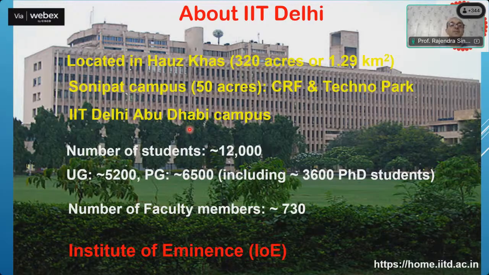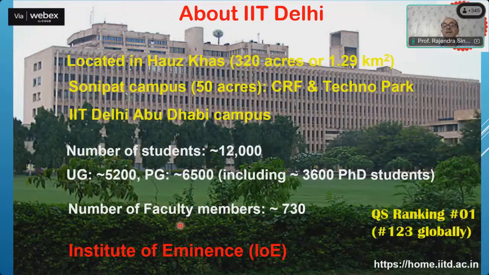It's not a full-fledged campus right now. We have about 12,000 students here on the campus, and about 3,600 are PhD students. So you can see that we are no longer only undergrad, but the PG students are the majority, and about 730 faculty. In the last years, 2025 and 2026, the QS ranking has consistently placed us number 1 in India, and globally 123. It's also a matter of pride for us. So this is just about the institution where I come from.